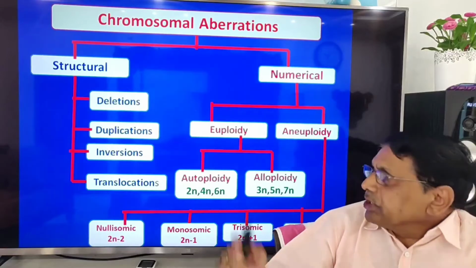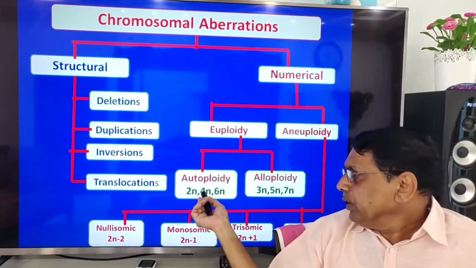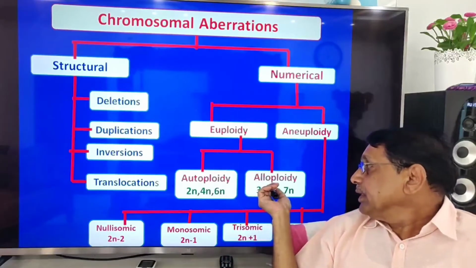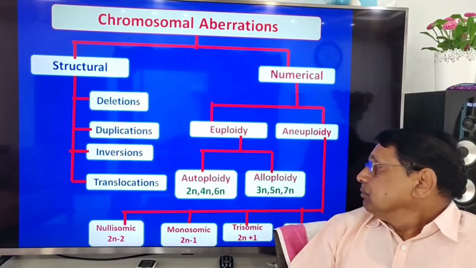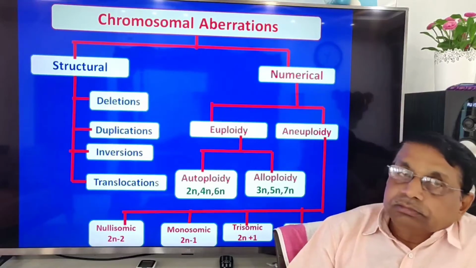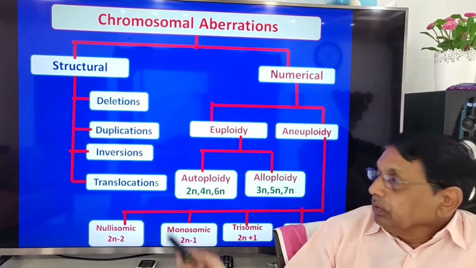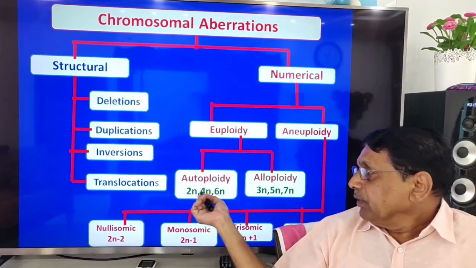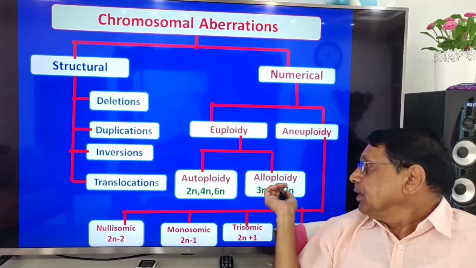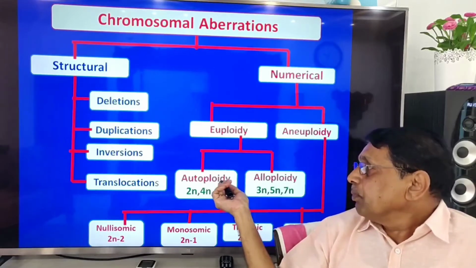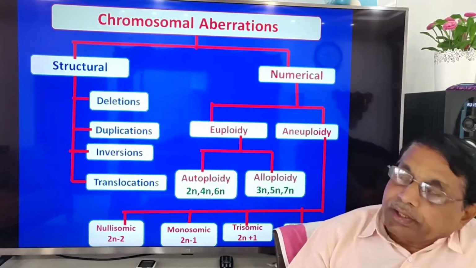But in these sets also there is a change. 2n, 4n, 6n, even numbers, but here odd numbers, 3n, 5n, 7n. This is called autoploidy, and this is alloploidy.